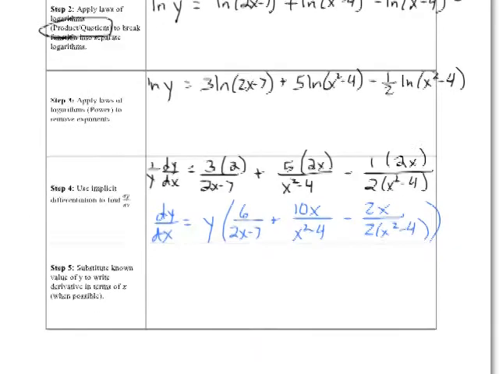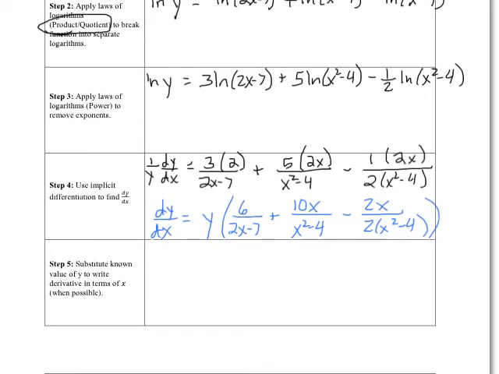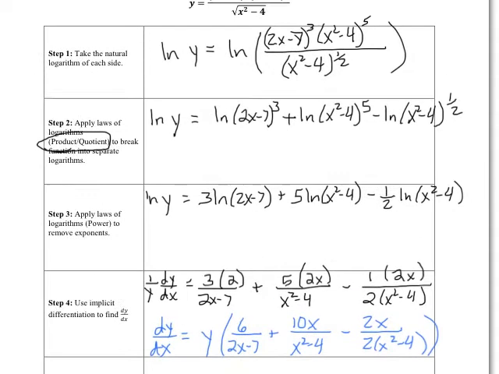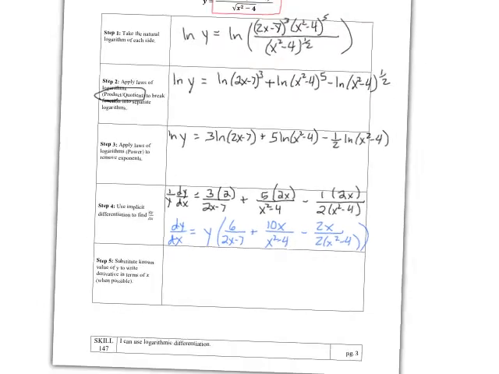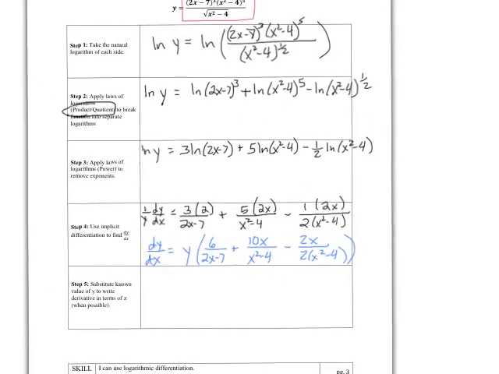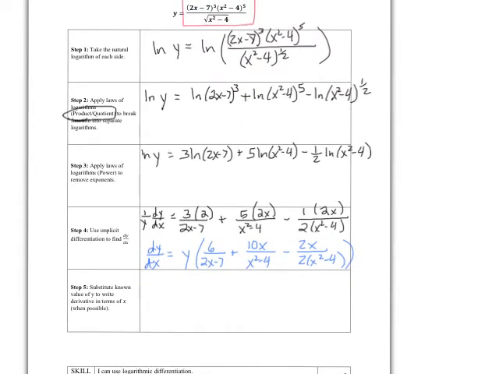The final step asks us to substitute the y back in. So we can rewrite the y, which was this value right here, (2x minus 7) to the third. Let's just shrink this down. There we go.